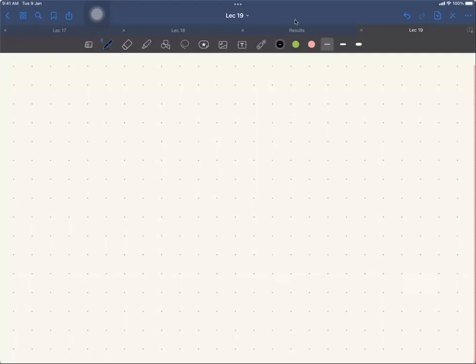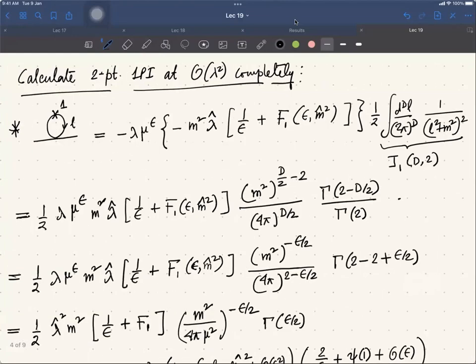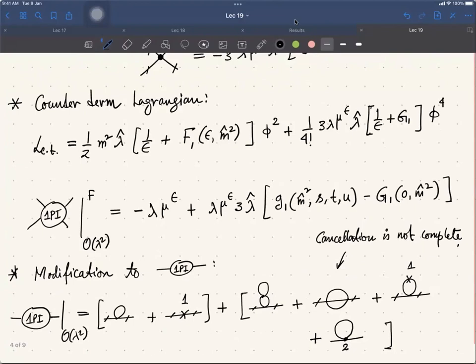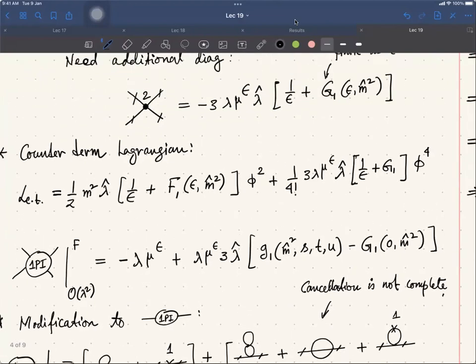Okay, the next diagram to calculate is this one, where we have one vertex, and that's a new vertex, and that vertex factor we found here, this one.